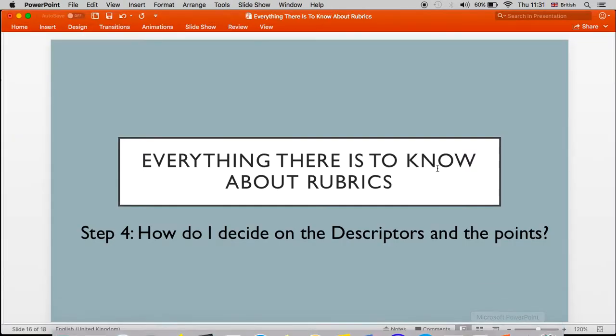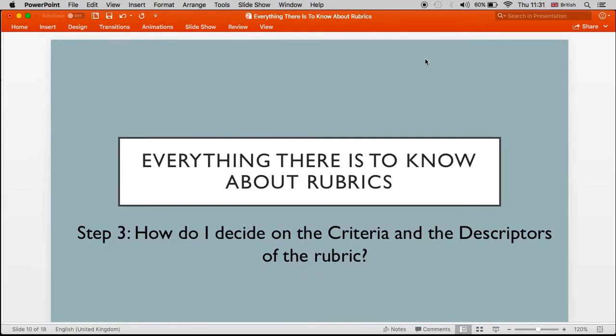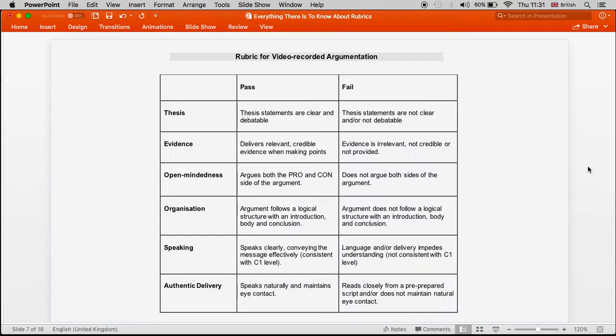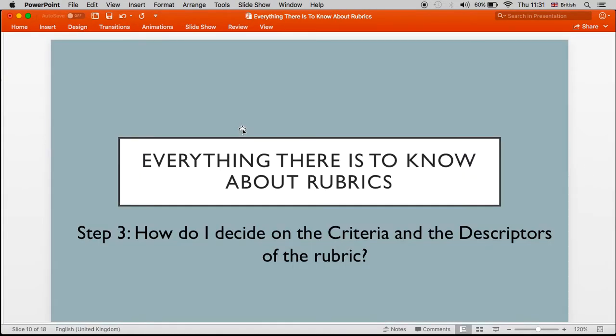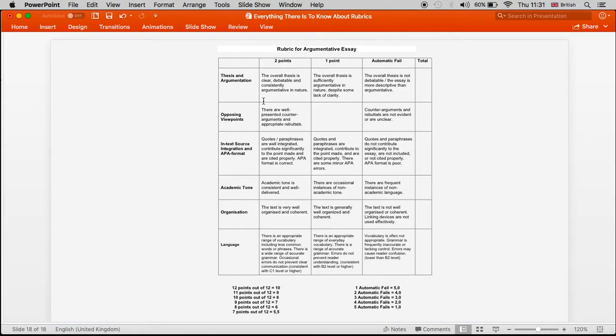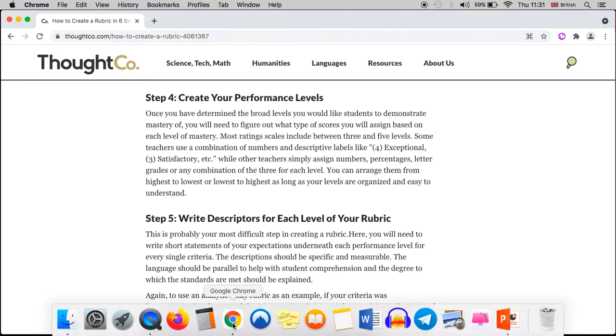Now again, what we saw in this one was that it's organized from highest to lowest. I tend to think left to right. So when I design rubrics, I tend to start with, oh no, here I've done it that way as well. Highest to lowest. It's up to you as long as it's clear to the user, to the reader, why it's laid out like that.